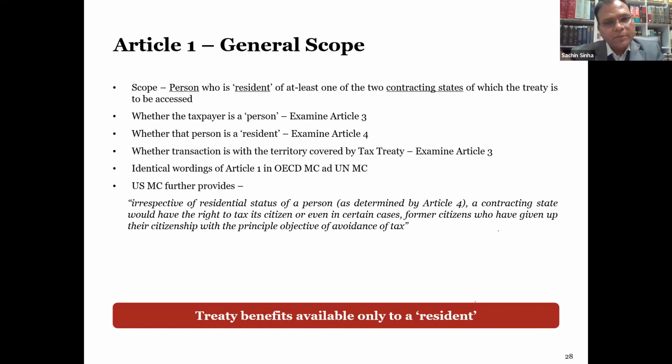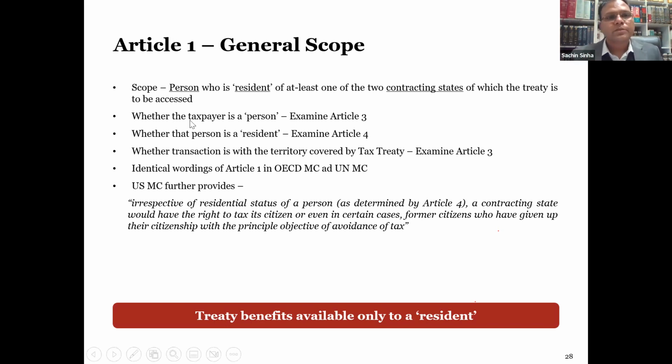It means if the person is not resident of that country, then the treaty will not apply. India Mauritius treaty, if you want to apply, the person must be resident of either India or Mauritius, then only the India Mauritius treaty can be applied. If the person is resident of Singapore and having income in India and Mauritius, then the India Mauritius treaty will not apply.